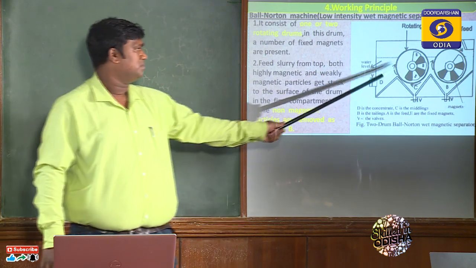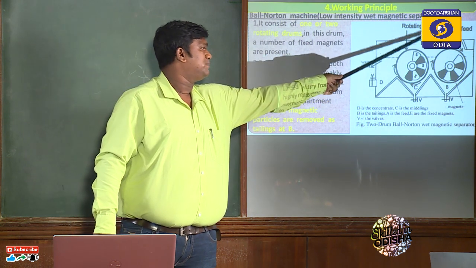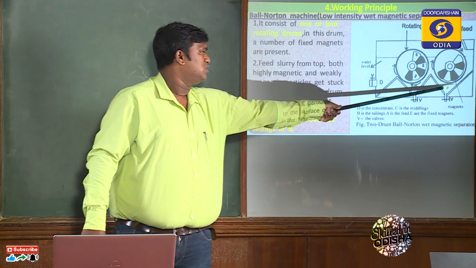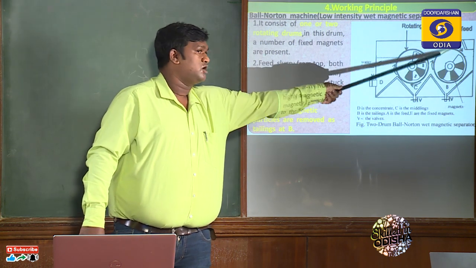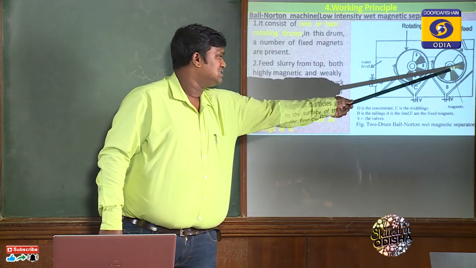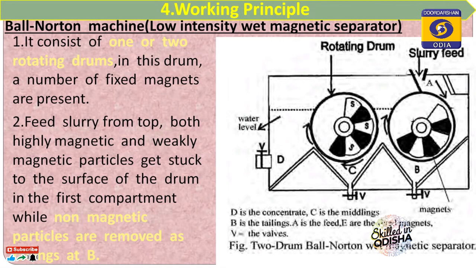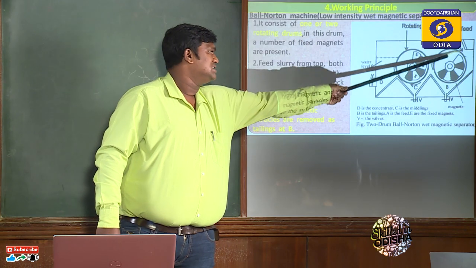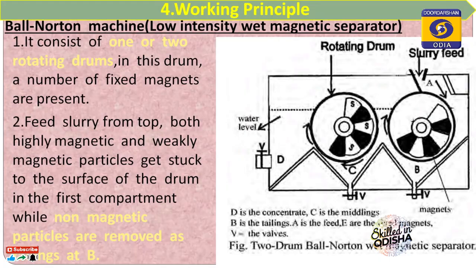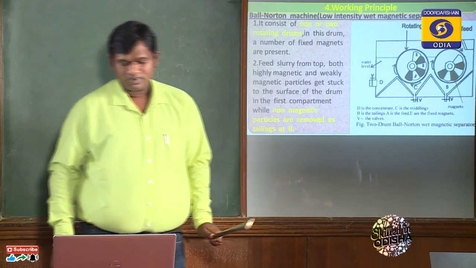The slurry is fed from the top here, and when it comes into contact with the first drum, the weakly and highly magnetic particles stick to the magnet, and the non-magnetic particles, that is the tailings, are discharged directly at point B, the discharge point for tailings.